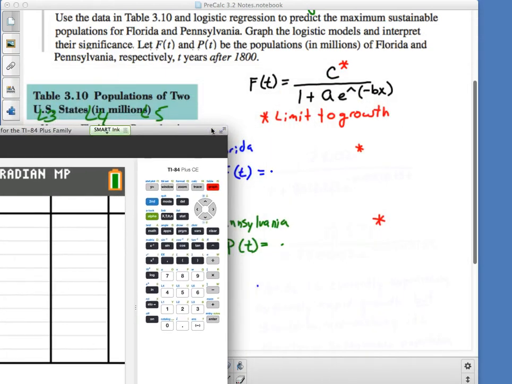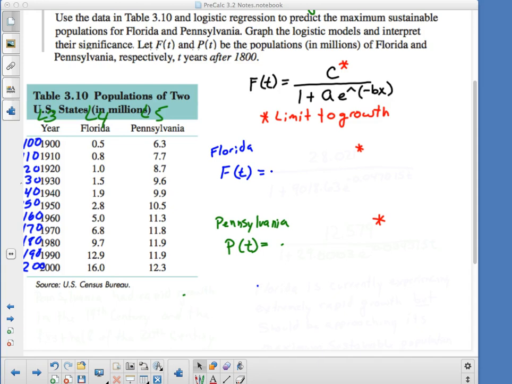It'll be faster, okay, than doing it up on the board. No, I got it.